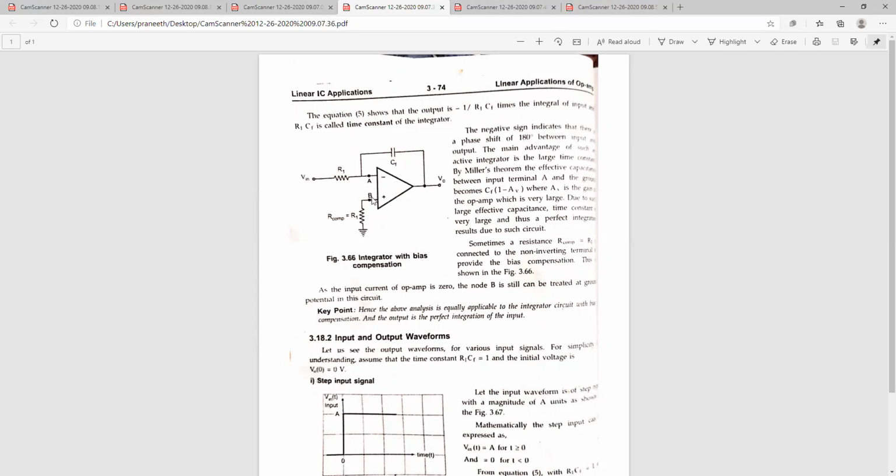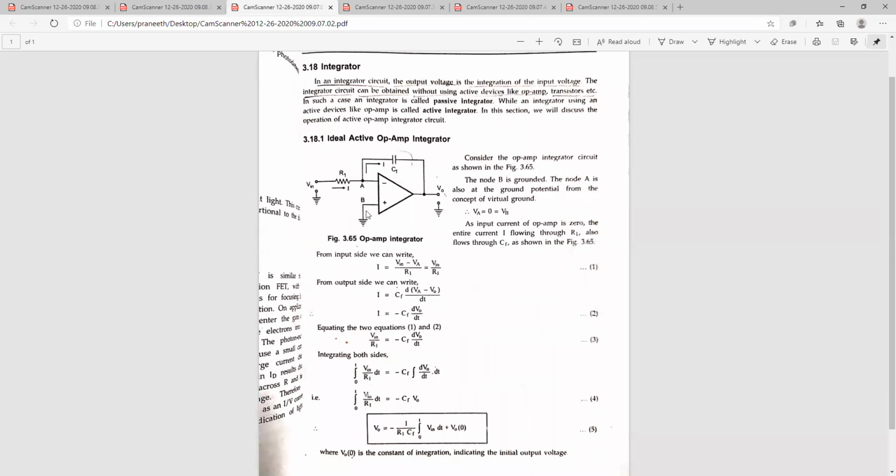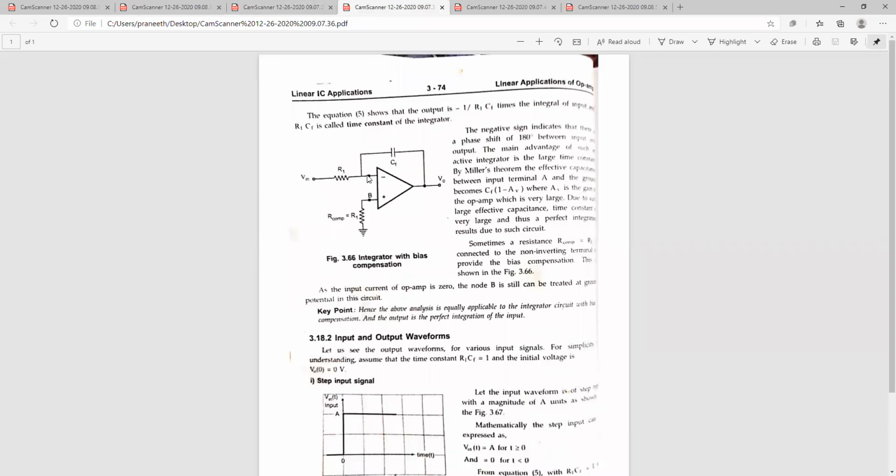Okay, so you can see some other circuit, right? Additionally, where a compensation resistance has been added. In the previous circuit, you don't have any resistance at the non-inverting terminal. Additionally, here you can see this is a small modification of the previous circuit. A small resistance was added to the non-inverting terminal, and this resistance will be acting as a compensation resistance.